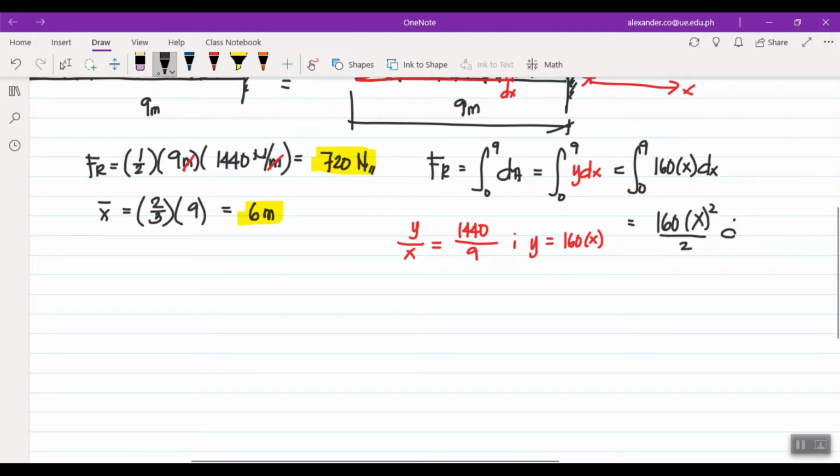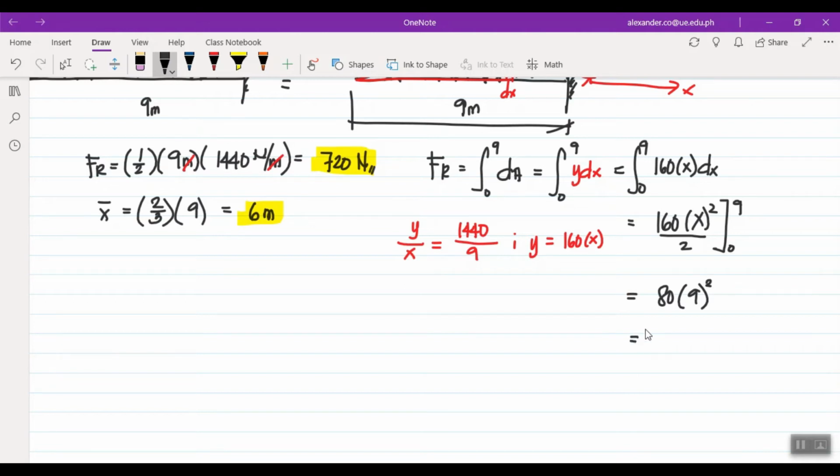Wala nang dx. Na-integrate na natin. So, it's from 0 to 9. Okay, so 160 over 2 is 80 times 9 squared, 9 times 9 times 80.